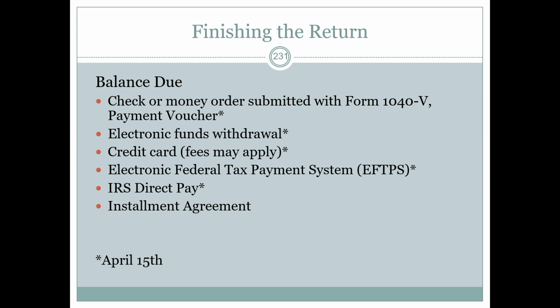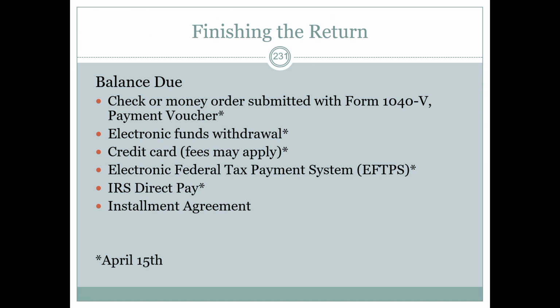If there is a balance due on the tax return, the tax client will have a few options to determine how they would like to pay or submit that payment. The first one: TaxSlayer would generate the Form 1040V, which is a payment voucher. It would already contain the tax client's name, their social or ITIN, and the amount due.